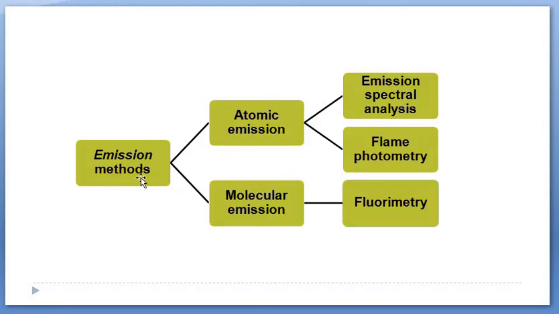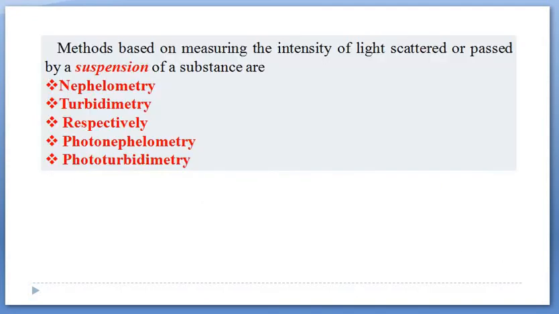Emission methods are divided into atomic emission and molecular emission. Atomic emission is divided into emission spectral analysis and flame photometry. Molecular emission is divided into fluorimetry.